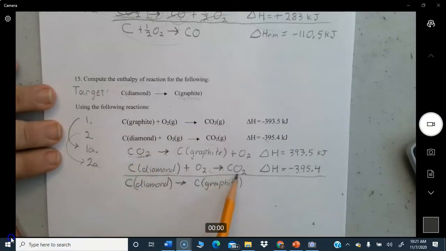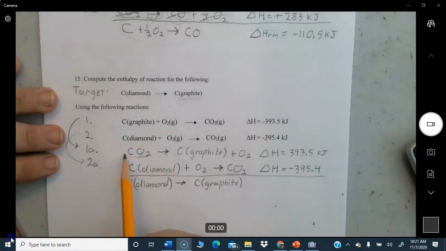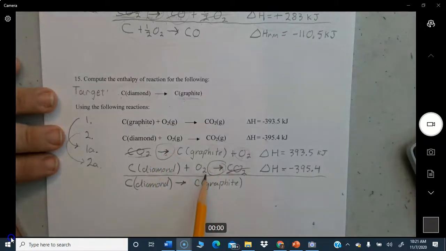And down here, it's on the right side of the arrow here. So now we're ready to start doing add, subtract, in other words. So CO2 minus CO2 cancels out. And then you have O2 right here on the right side of its arrow, and here this O2 is on the left side of its arrow. Again, that's why I like to circle the arrows, because they're not lined up. O2 is on the left side of its arrow, so these two cancel out. And so all you had left was the diamond and the graphite.